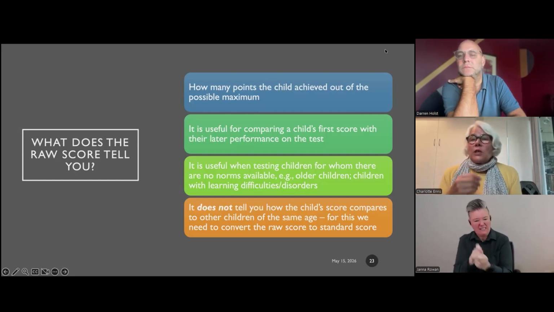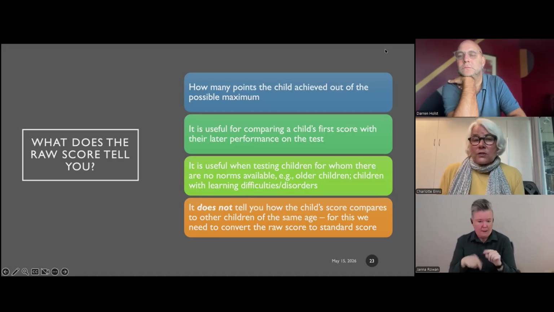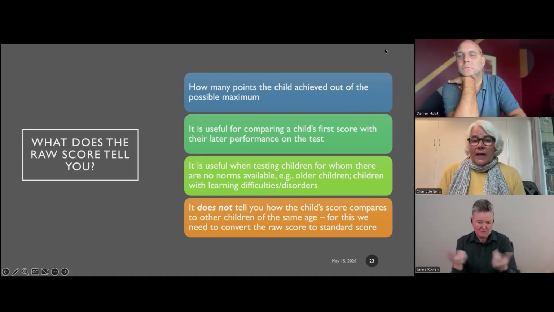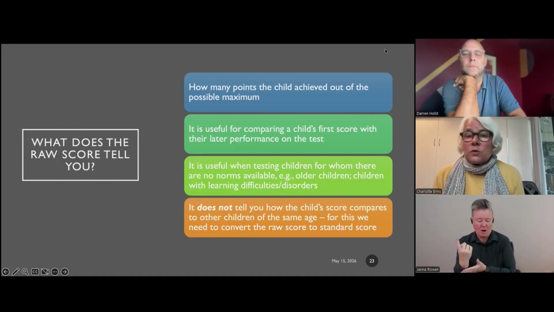Sometimes you just want to use that raw score as a way of measuring how the child has done, because you can't really compare their score to the standardized score. Okay, so that's one of the ways that you can use the raw score.